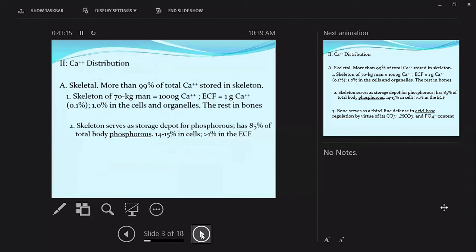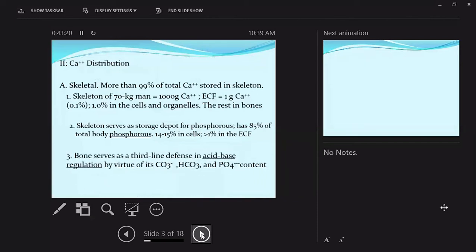The intracellular fluid has more phosphorus. The bone serves as a third line of defense in the acid-base regulation. Remember, you had this lecture already, by virtue of its carbonates, bicarbonates, and phosphate content.